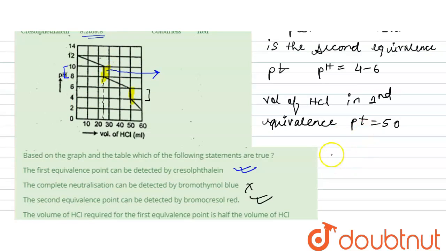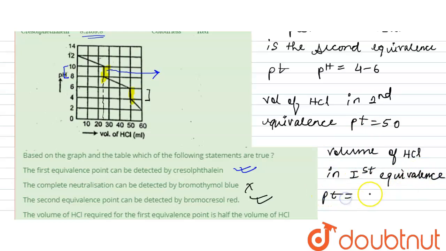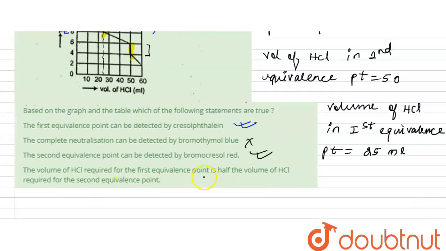So the volume of HCl in the first equivalence point is 25 ml, which is half. So yes, this is also the correct statement.